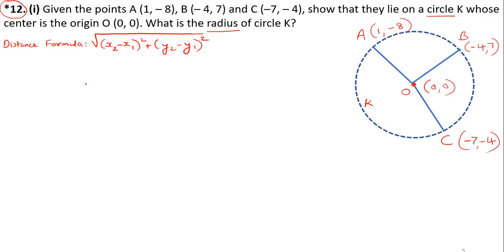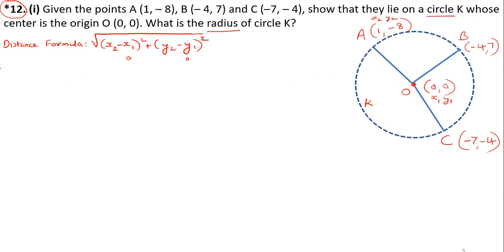Now, in this formula, we will take this as x1, y1, and this as x2, y2. x1, y1 is anyway 0, so x1 and y1 both become 0. So we can just take x2 squared plus y2 squared, and we will get the distance of this line OA.